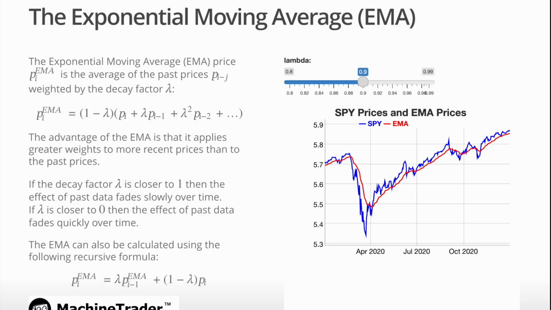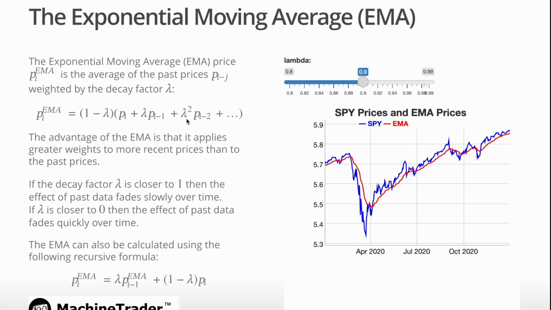Another example of a moving average is the exponential moving average, EMA. And it's defined as the weighted sum of past prices. And the past prices are weighted by the powers of the decay factor lambda. So instead of a look-back window, we have a decay factor lambda.